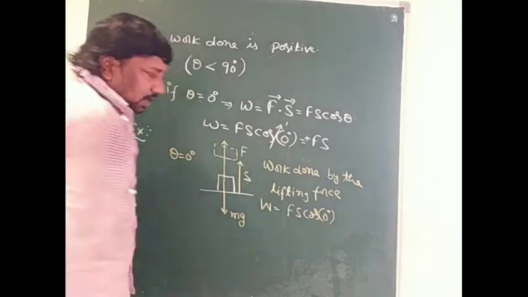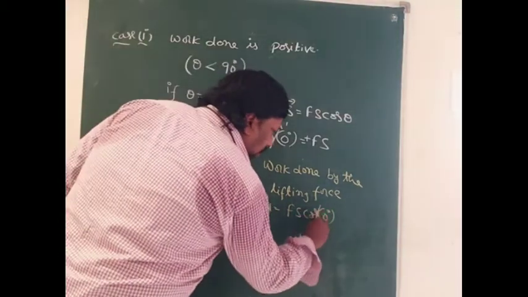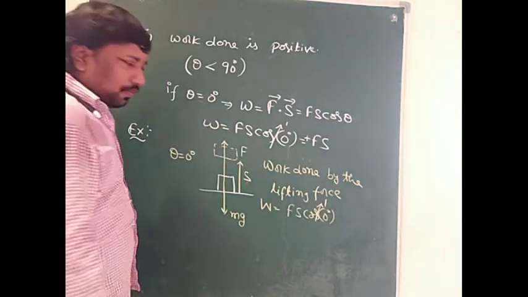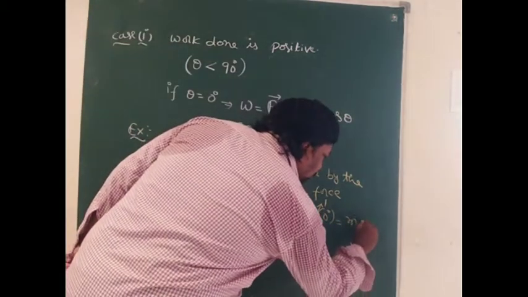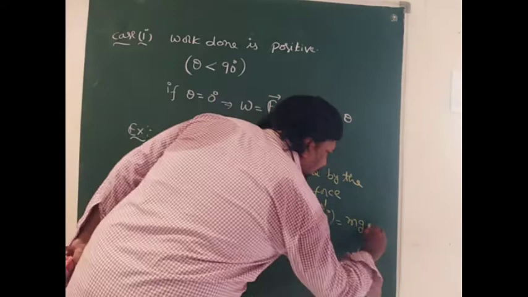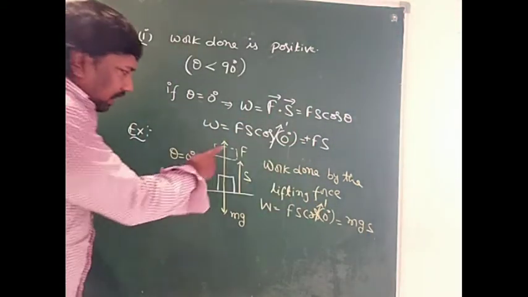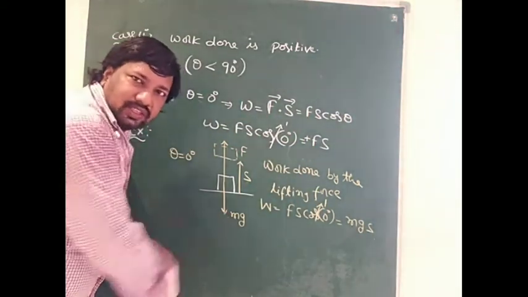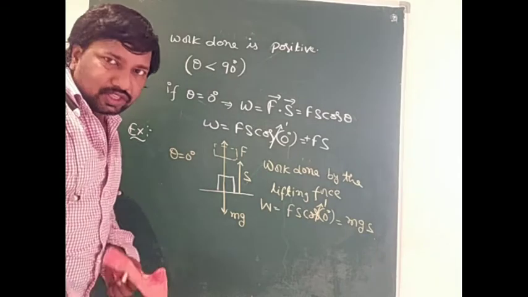So W = Fs cos 0 = Fs, with F equal to mg, balancing the weight, so W = mg into S. This is case 1.